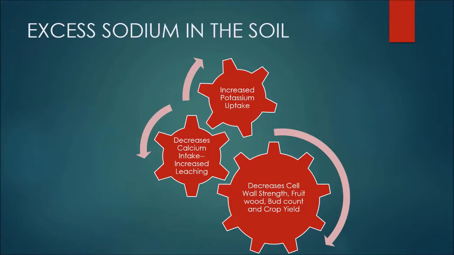Because the calcium is decreased, you have increased leaching from the calcium. When you have decreased calcium uptake, you have decreased cell wall strength, decreased fruit wood, decreased bud count, and decreased crop yield. These are very, very real examples that we see every single day.